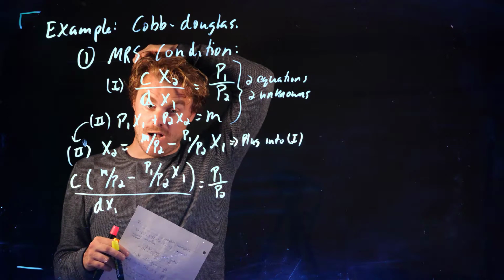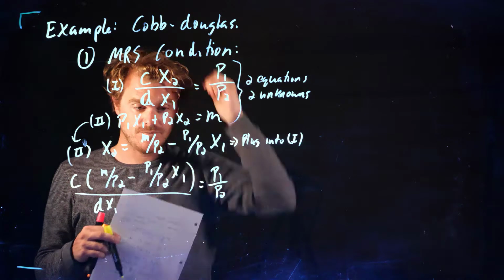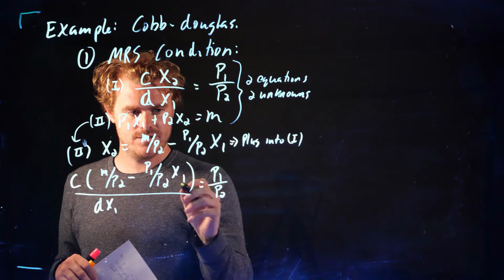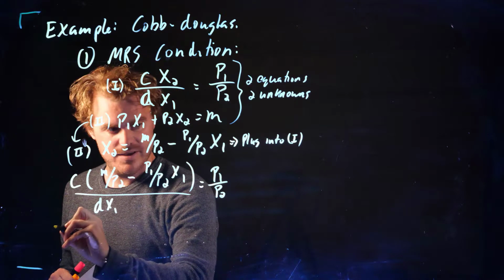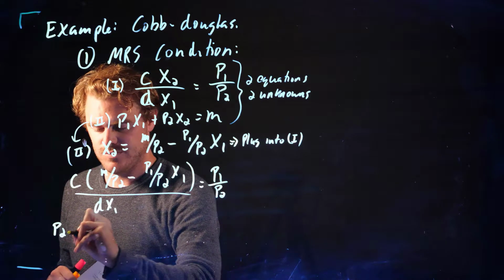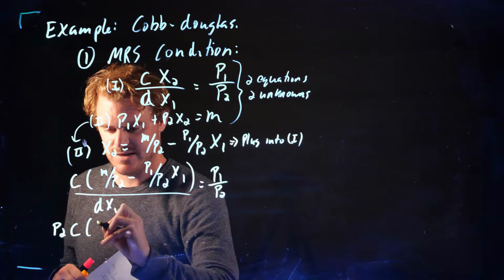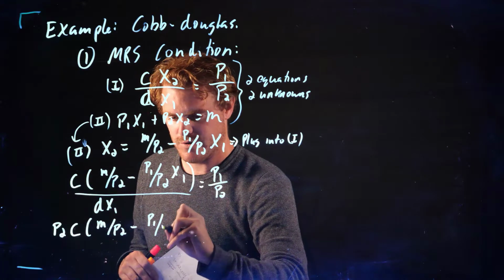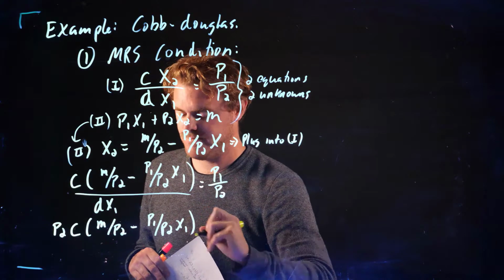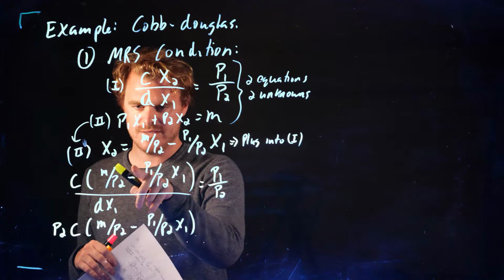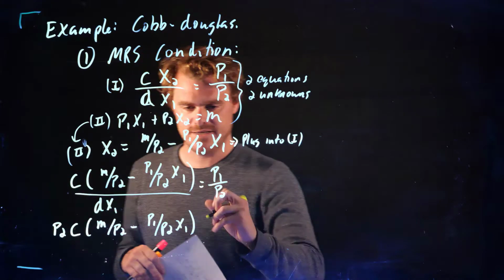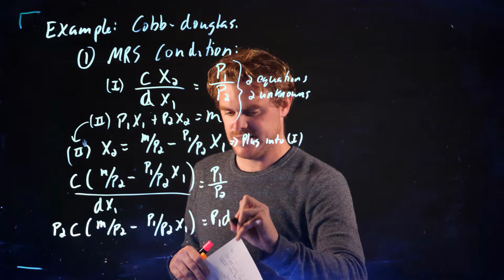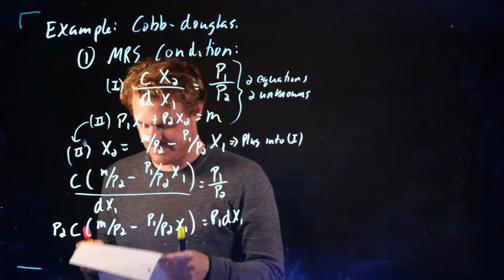Then I'm going to cross multiply. So I have P2 times c times m over P2 minus P1 over P2 times x1, equals P1 d x1.